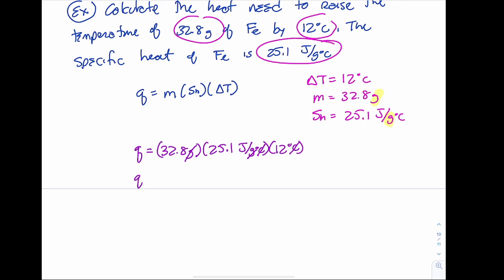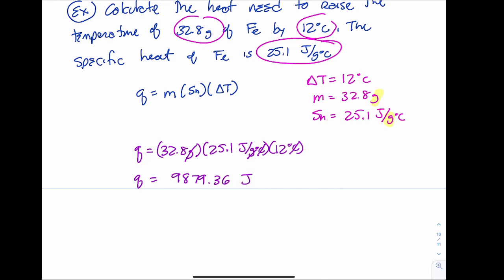I'm going to be left with joules, which is my unit of energy. So 32.8, I'm just grabbing my calculator and typing it in, multiplied by 12, gives me a big number, 9,879.36 joules.